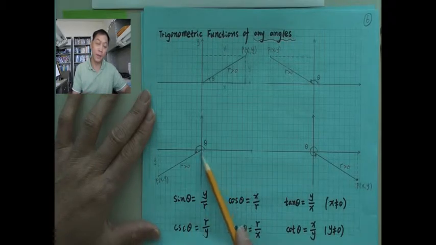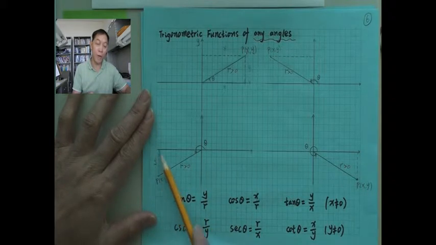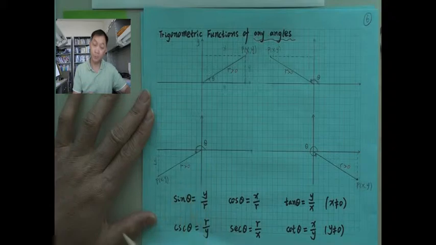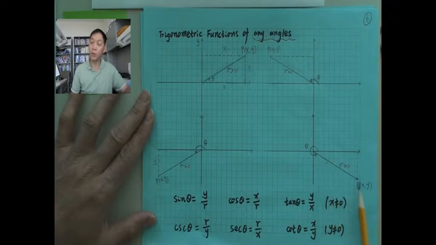Right here, this angle is in the third quadrant. Still, we use y over r as sine, and y over x as tangent. And then this one, still we use this definition, but this point is in the fourth quadrant, and the angle is in the fourth quadrant.